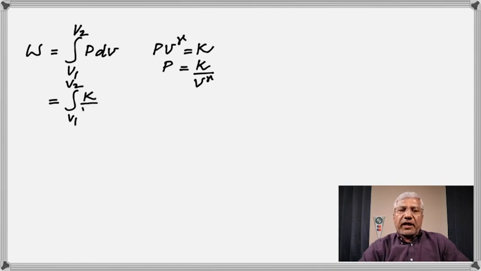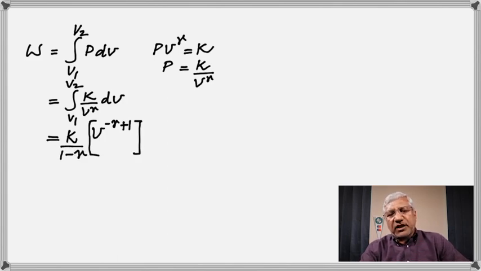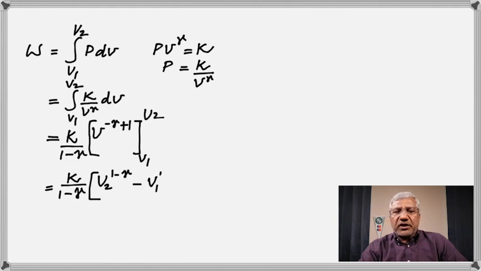Then integrate, K is a constant, so it's taken out. I know I'm going fast, but you should be able to follow along. And what's the integral of that? That is V raised to negative gamma plus 1 by 1 minus gamma. And then when you substitute the limits for the volume, you will get V2 raised to 1 minus gamma minus V1 raised to 1 minus gamma.